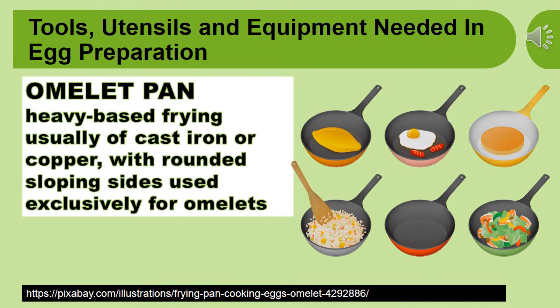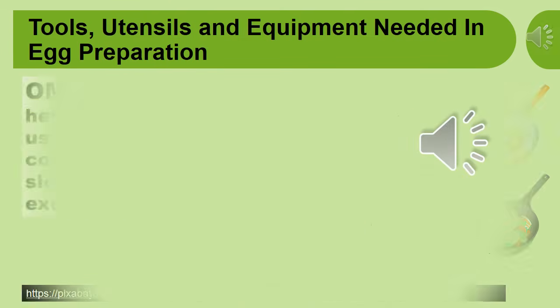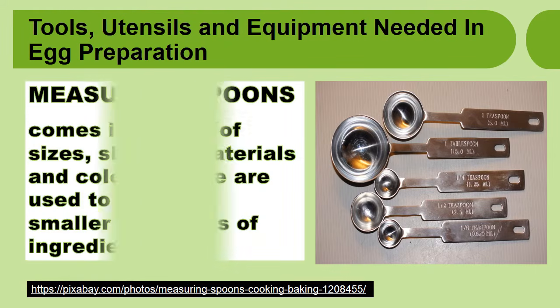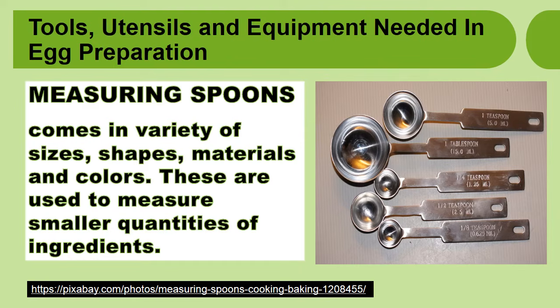Omelette pan. Heavy base frying pan, usually of cast iron or copper, with rounded, sloping sides, used exclusively for omelettes. Measuring cup for liquid ingredients are commonly made of heat-proof glass and transparent so that the liquid can be seen. Measuring spoons. It comes in a variety of sizes, shapes, materials, and colors.